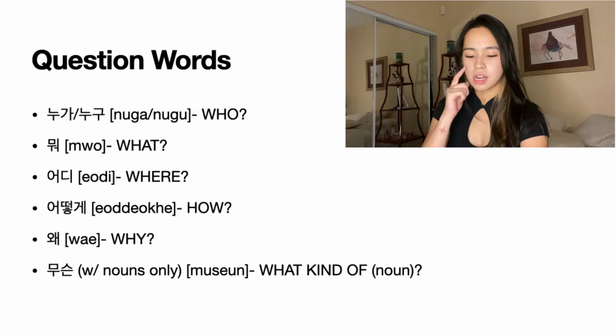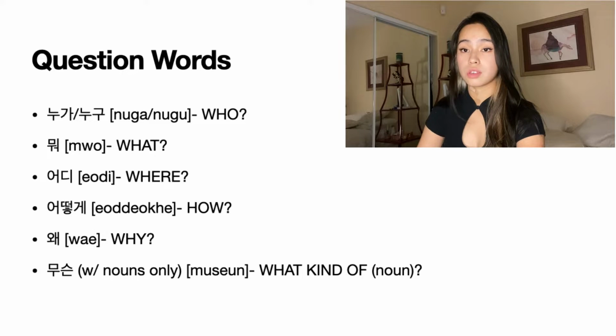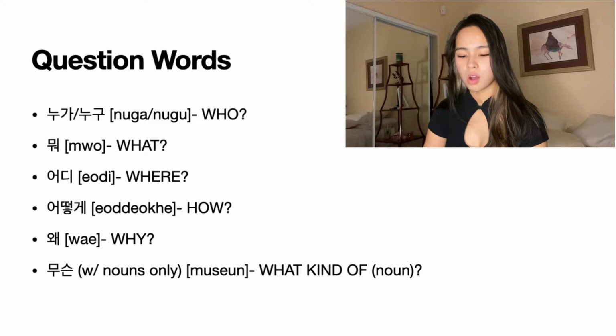And as you can see here, I put there that 무슨 is only used with nouns. Alright? Again, 누가, 누구, who, 뭐, what, 어디, where, 어떻게, how, 왜, why, 무슨, what kind of.